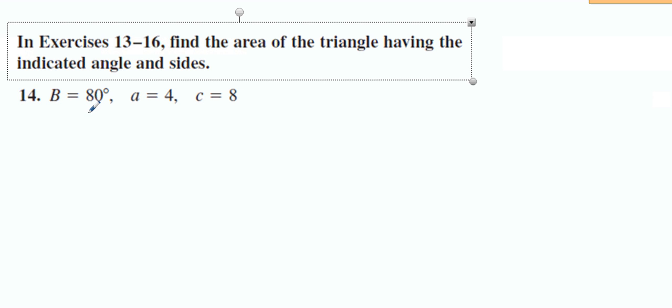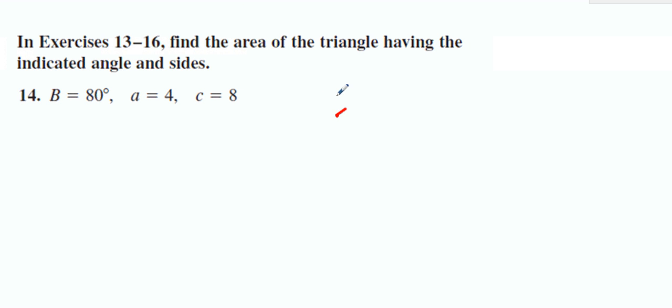Here's another, almost identical. It's 1/2. Since the angle is angle B and we don't have angle B over here, that means that it is the two sides that are surrounding the angle, so that works out. So it's 1/2 4 times 8 times sine 80.